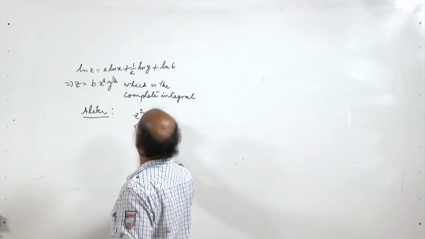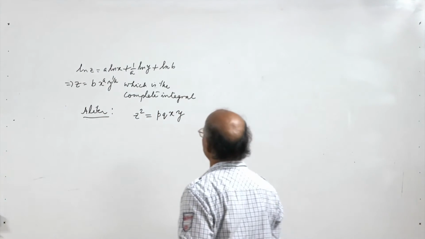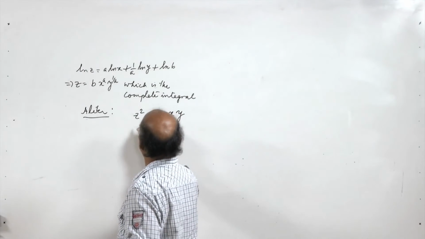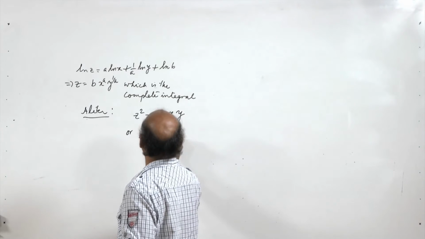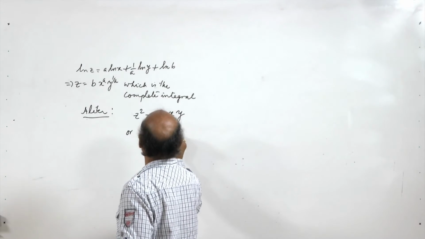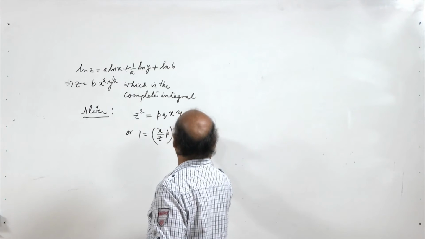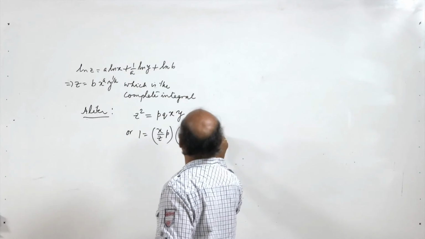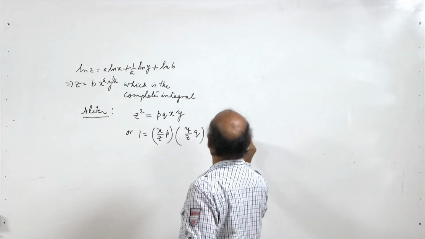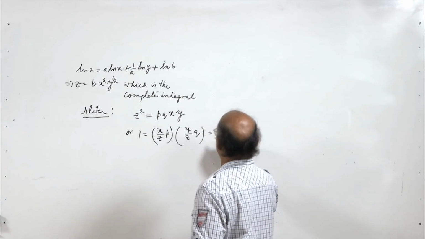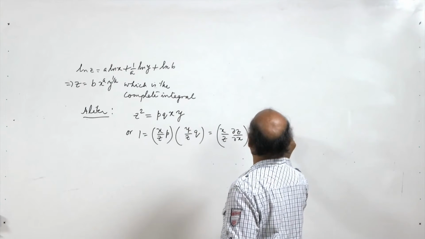Let us notice that z squared = pq xy, and this can be written as 1 = x times (x/z) p and (y/z) q. This is also equal to (x/z)(∂z/∂x) times (y/z)(∂z/∂y).